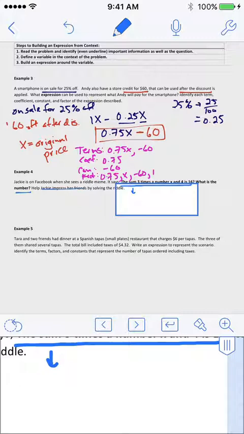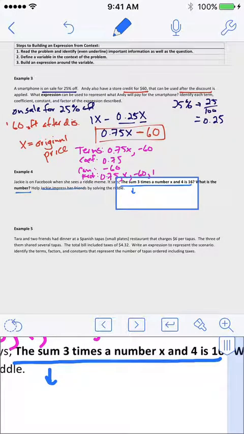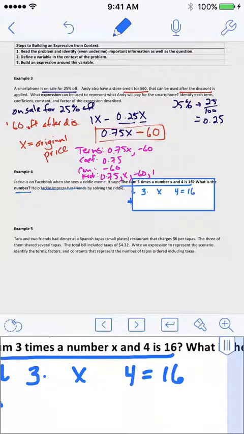Sum. Well, that's one of our 4 operations: addition, subtraction, multiplication, or division. What do you think? Which one? I hope somebody said addition. Alright, addition of 3 times a number x and 4, and is always the equal sign, 16.